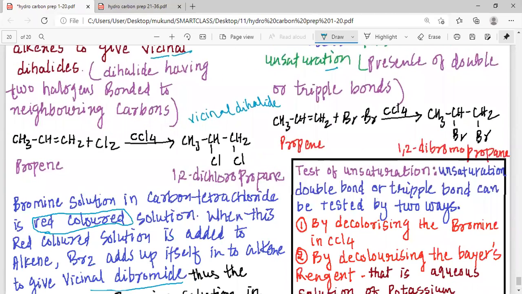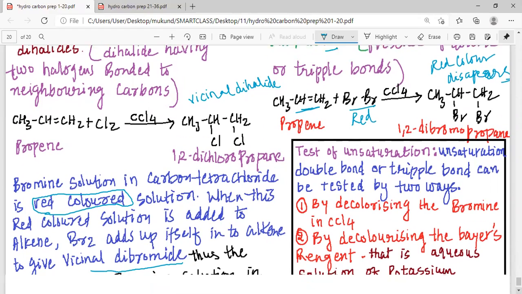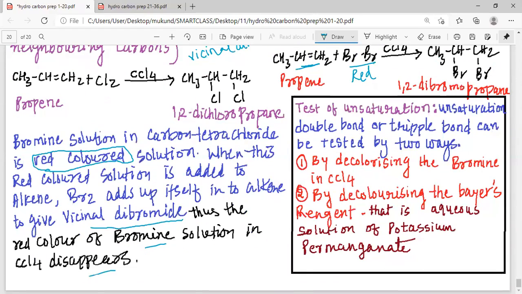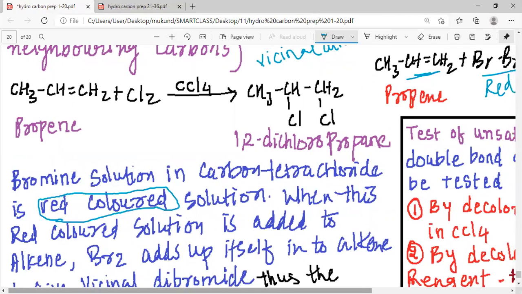So here you can see that this propene, my dear students, when it reacts with bromine, it forms 1,2-dibromopropane, and this red color disappears. And as the red color disappears, we can use this as a test for the unsaturation, whether it is the test for the double bond or the triple bond.